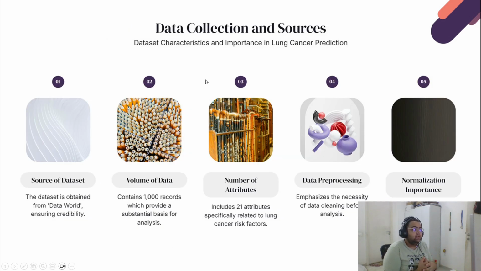Now talking about the data set, it was obtained from data.world, as in our research paper the exact data set was not publicly available, so we collected a similar data set which consists of 1000 records and around 21 attributes, which are all correlated to each other and are linked to the causes of lung cancer.